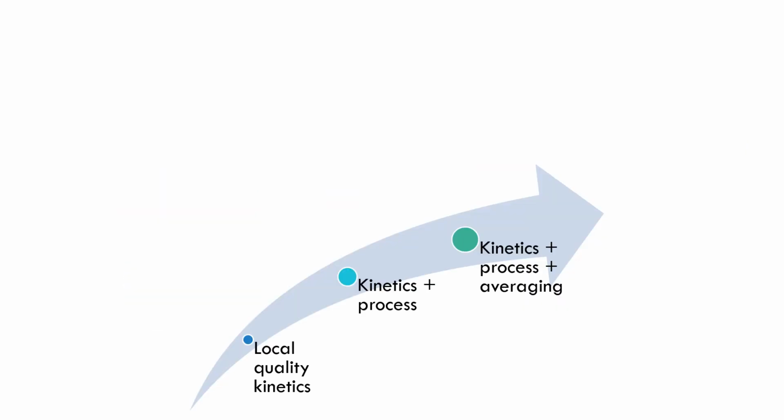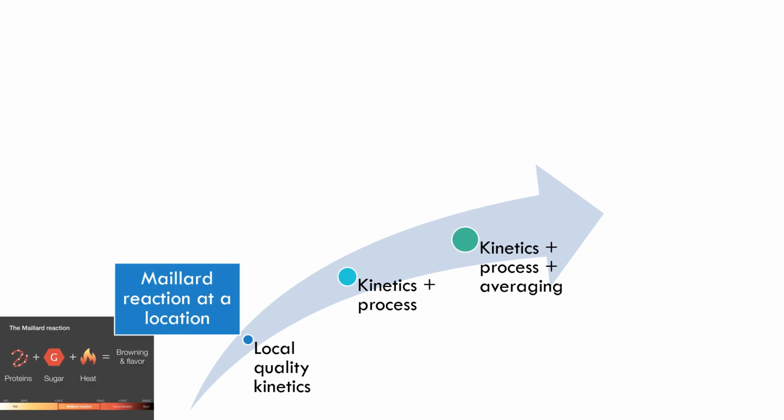Here we put all the steps together in the mechanistic description of color formation as an example. So local color, of course, is described by the Maillard reaction, but that's going to give color at one location. Now, if the temperature varies, then the color formation is also going to vary.